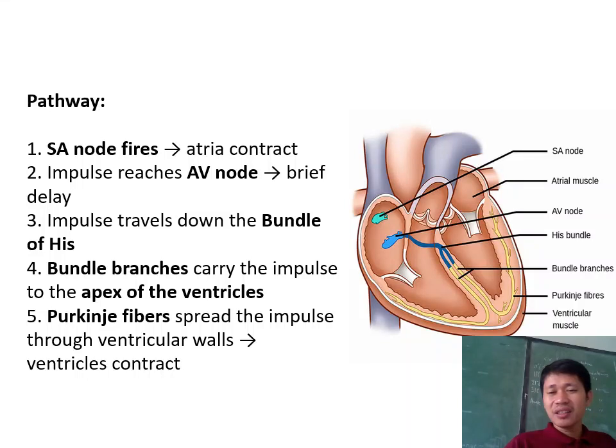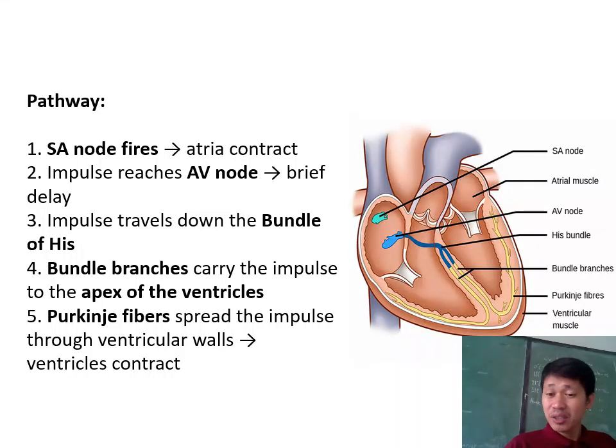Then the impulse coming from the SA node will reach the AV node, also in the right atrium of the heart. From the AV node, the impulse will travel to the bundle of His. This blue nerve-like structure here is the bundle of His. The impulse will travel there.